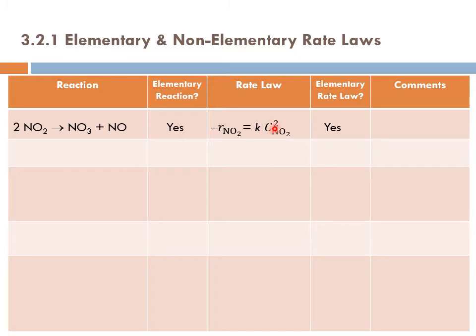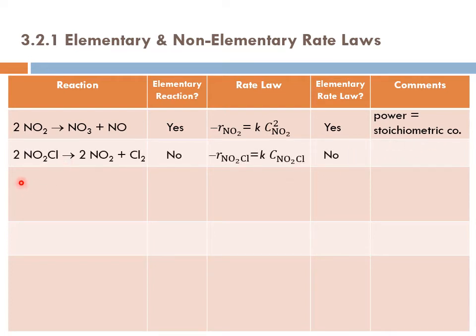As you can see, you have 2 here and you have 2 here. So the rate law is elementary as well. Again, the power in the rate law equals the stoichiometric coefficient.